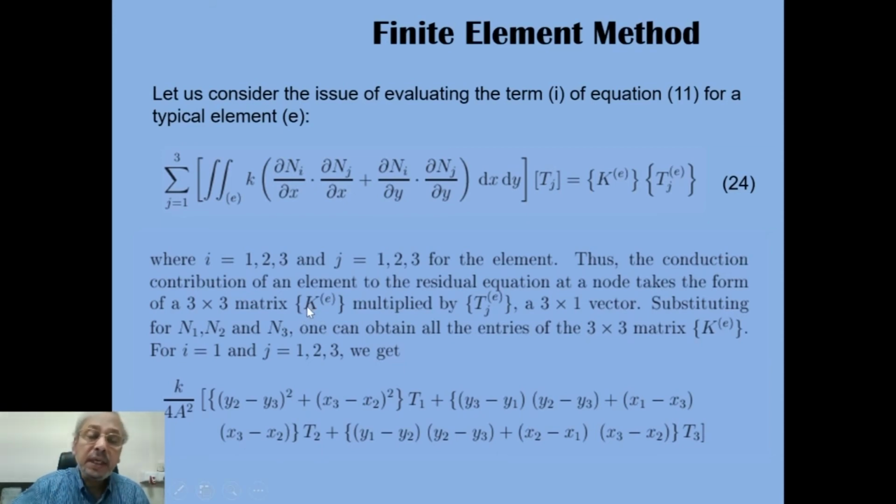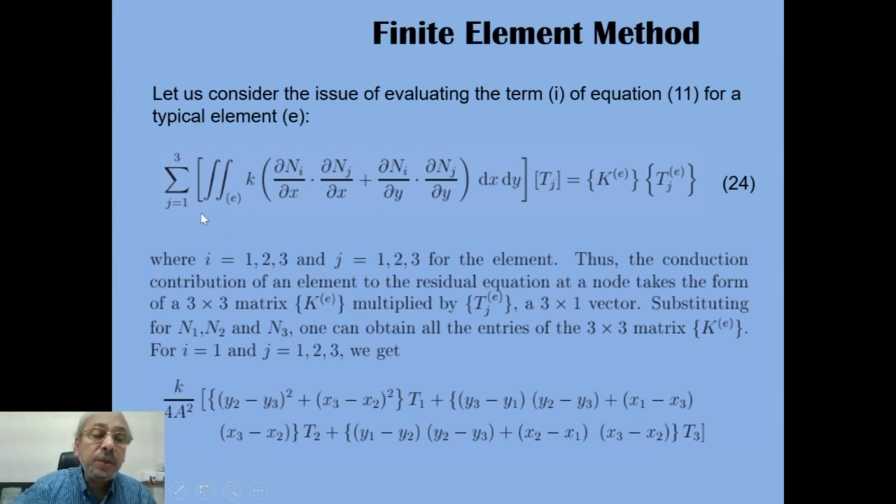It is Ke multiplied by a column vector which is T1, T2, T3.